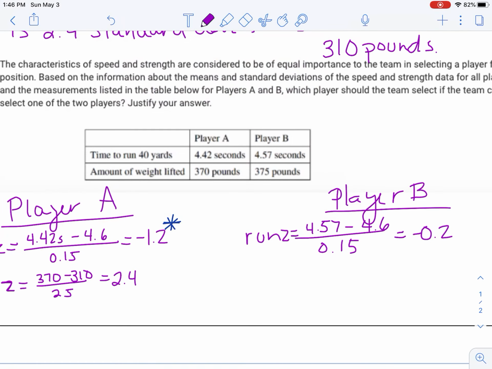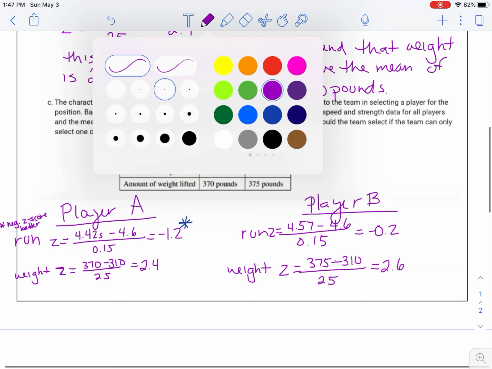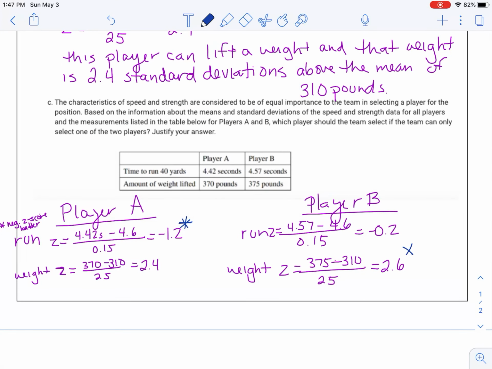Okay, let's see the weight. The z-score is 375 minus 310 over 25. This comes out to 2.6. Oh boy. All right, so player A has a better run. Player B has a better weightlifting.